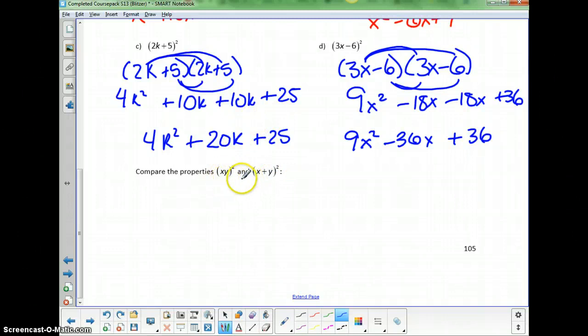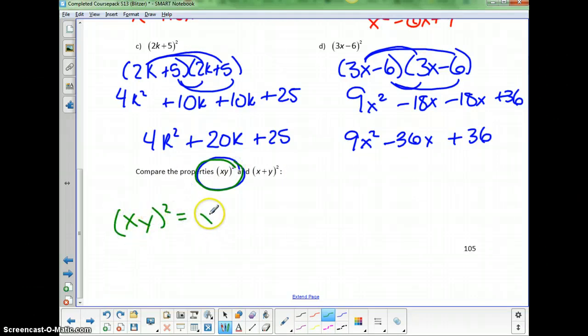Now let's compare the properties between xy squared and x plus y squared. If I have xy squared, that's the same thing as x squared times y squared.